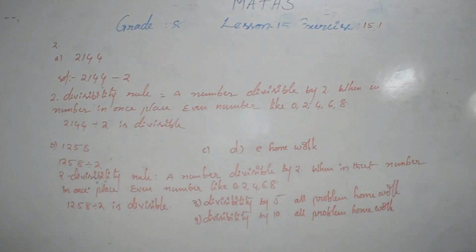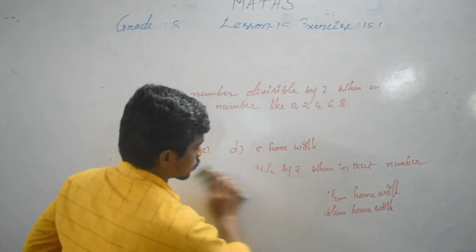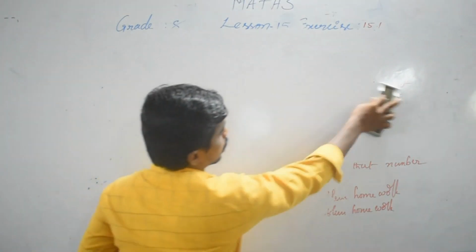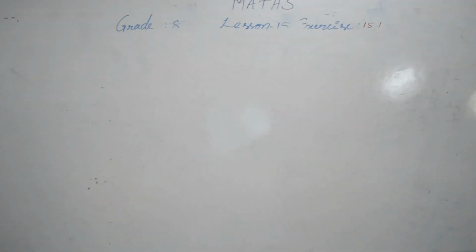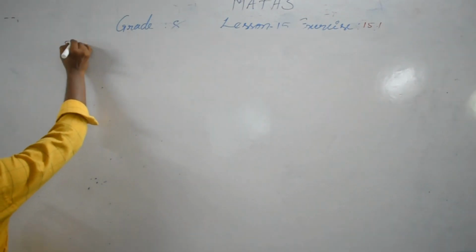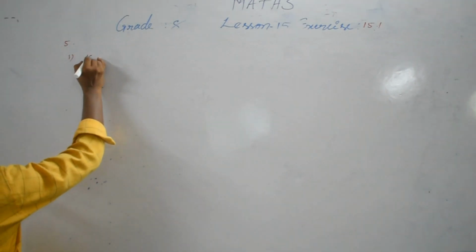Next problem, the 5th one. Factors of 18.